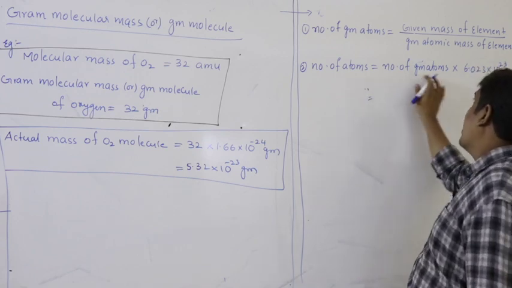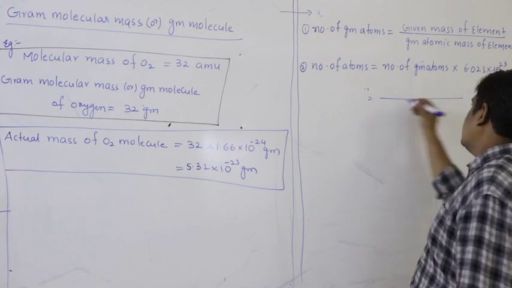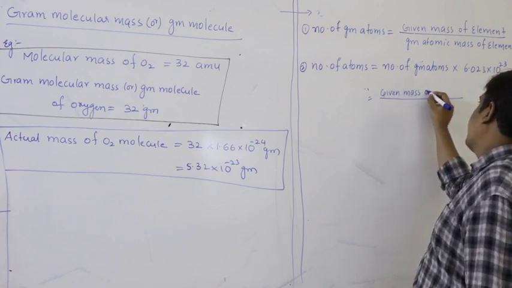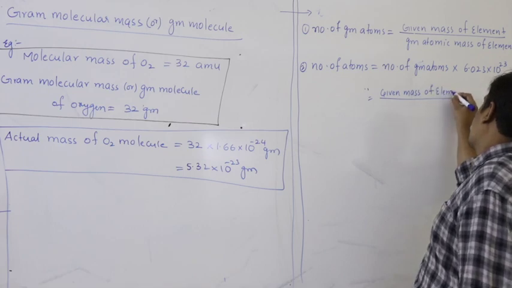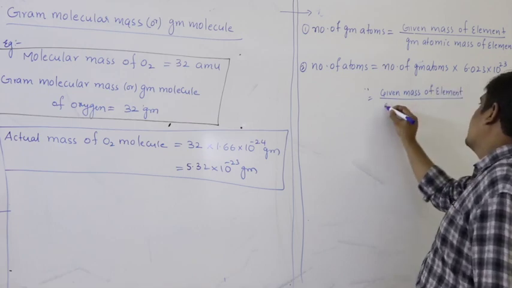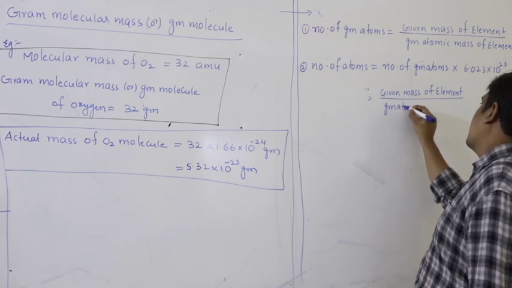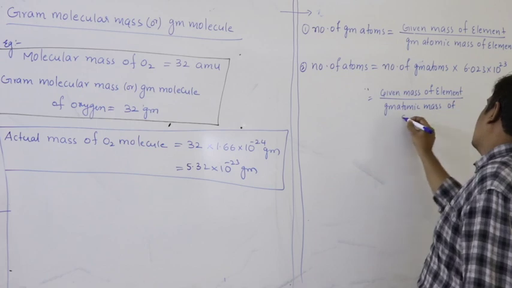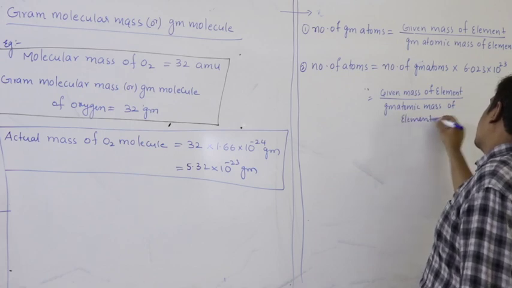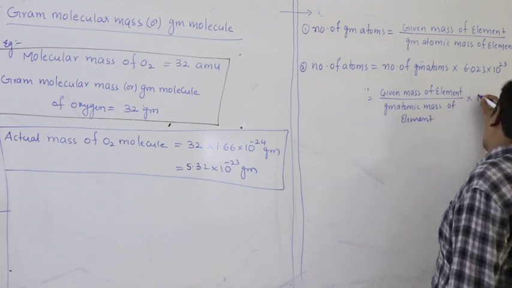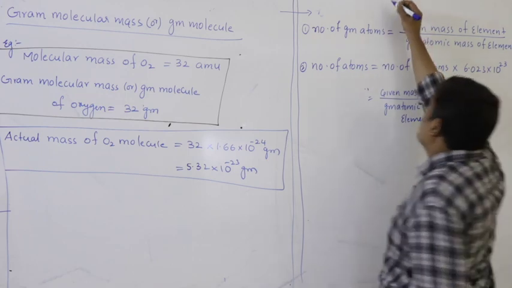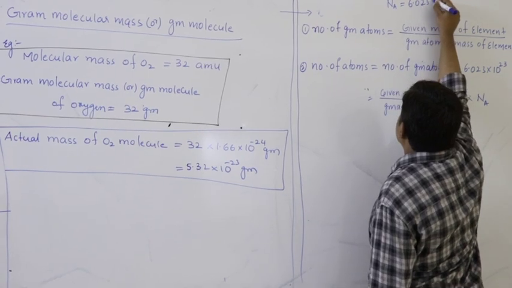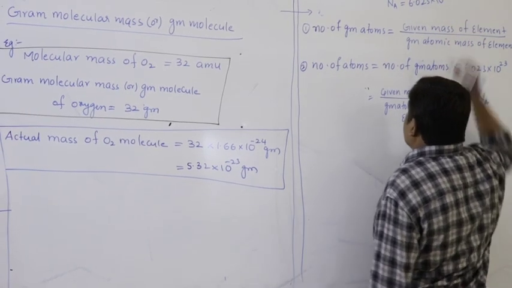If mass is given, it is given mass of element by gram atomic mass of element, into Avogadro number. Remember, Na is the shortcut for Avogadro number, which is equal to 6.023 into 10 power 23.